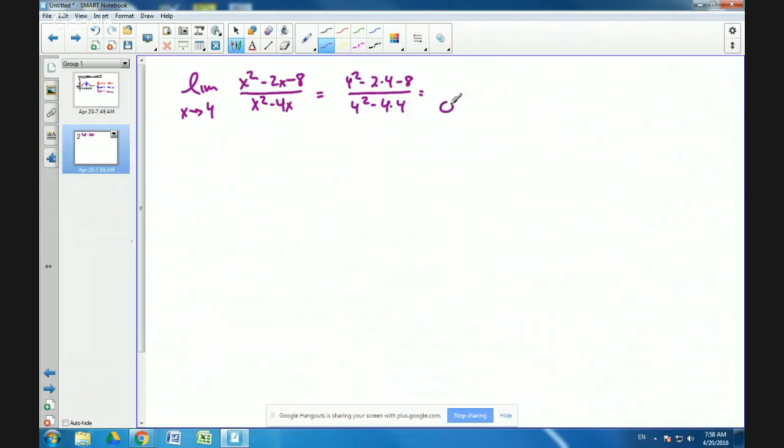Uh-oh. Anybody know the answer to that? Infinity. No. This is called an indeterminate form.